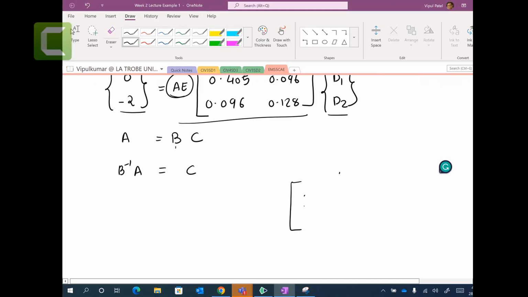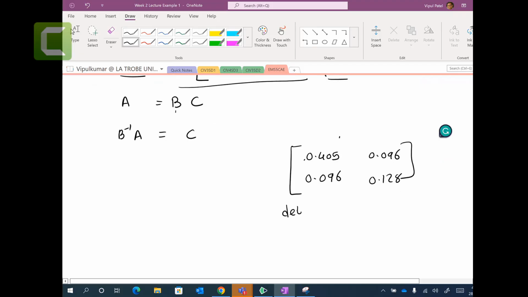So let's say I have this matrix which is 0.405, 0.096, 0.096, 0.128. Now to find the inverse matrix, we need to find the determinant first. Determinant meaning we just need to multiply the diagonals: 0.405 times 0.128, take away 0.096 times 0.096.